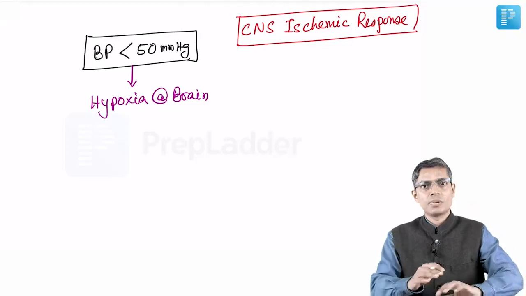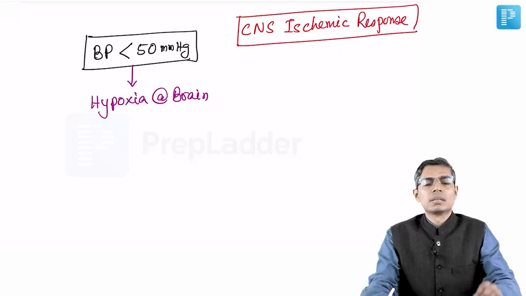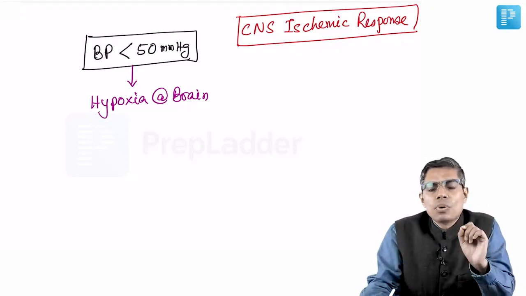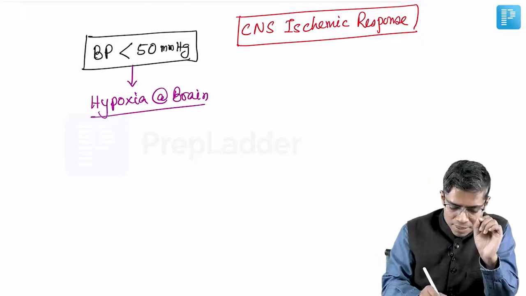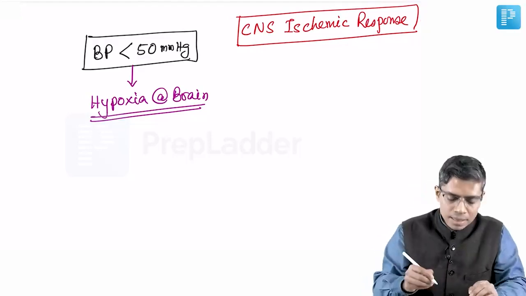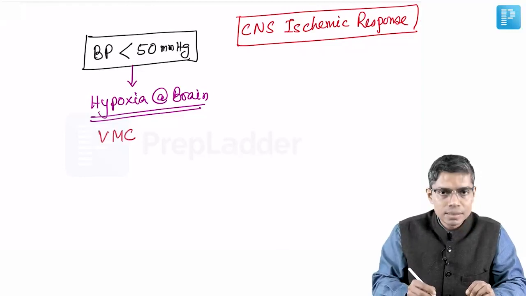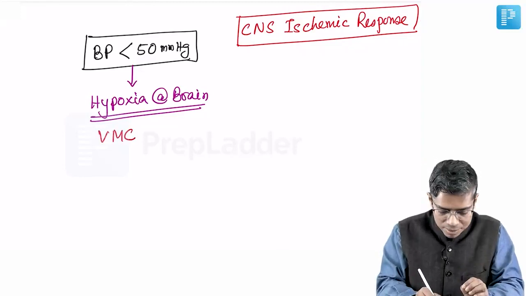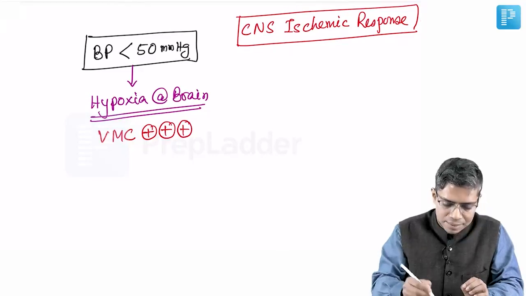Now remember, forget about other parts of the brain. The vasomotor center, or the rostroventrolateral medulla, is very sensitive to local hypoxia and hypercapnia. So if your blood pressure is very low, there will be lesser blood flow at the level of the brain, and in this hypoxia, the vasomotor center will be strongly activated.